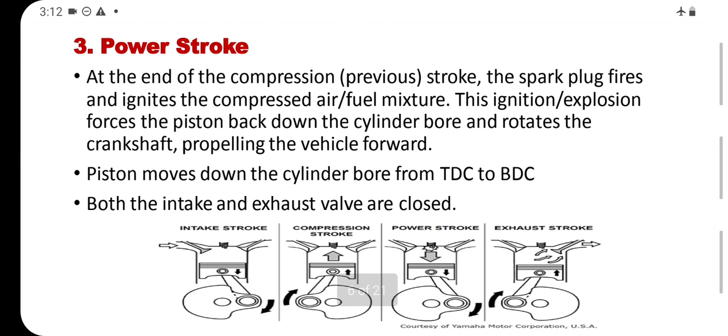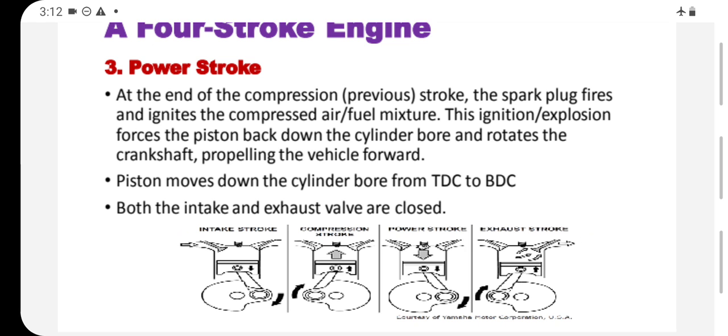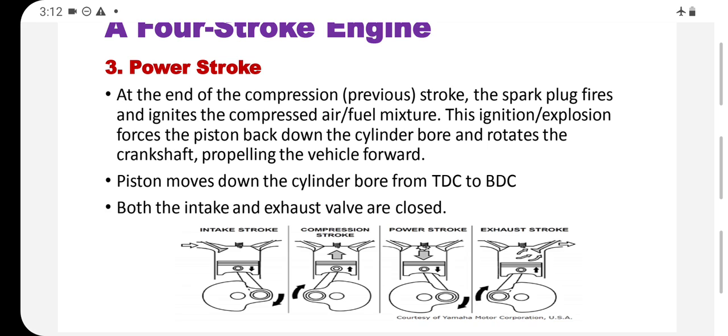We will get the power. How do we get the power? At the end of the compression stroke, in the case of an SI engine, the spark ignition takes place, and due to it the combustion of the fuel air mixture takes place.